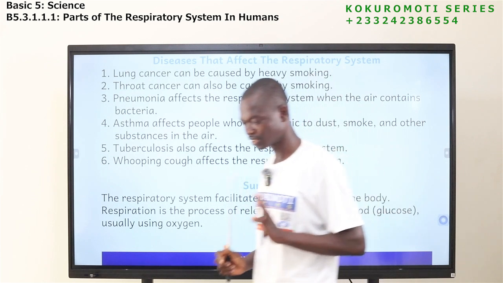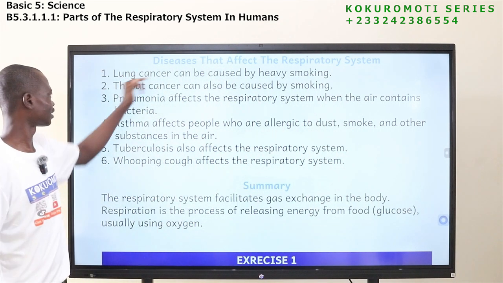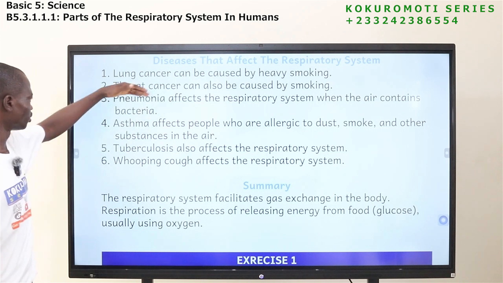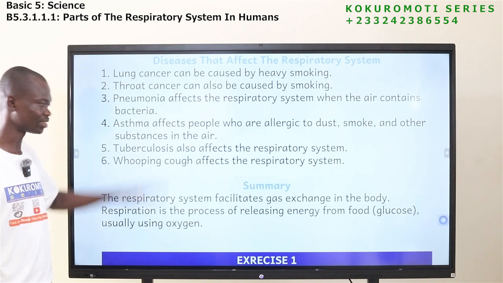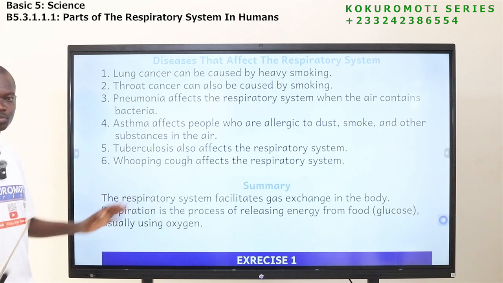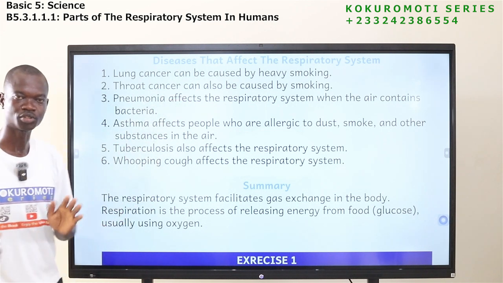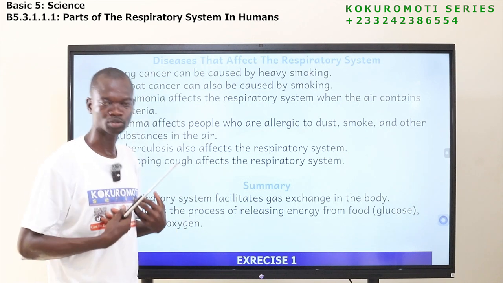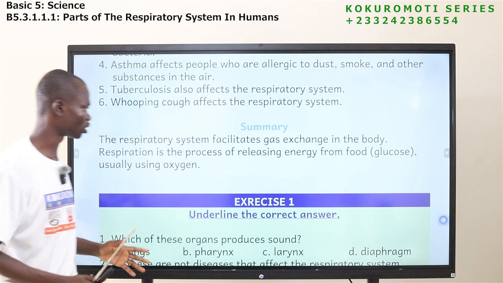So I'll ask you this: 5 diseases that affect the respiratory system. Lung cancer, throat cancer, pneumonia, we have asthma, tuberculosis, whooping cough. These are the diseases. If you don't want to be attacked by these, please, let's do the right thing. We should stay away from things that will cause all these. Now, we are bringing our lesson to a close.